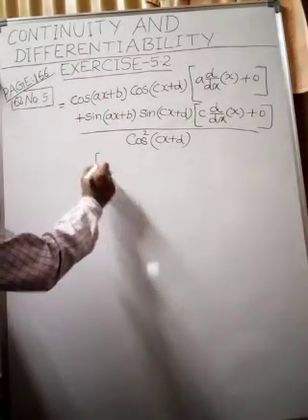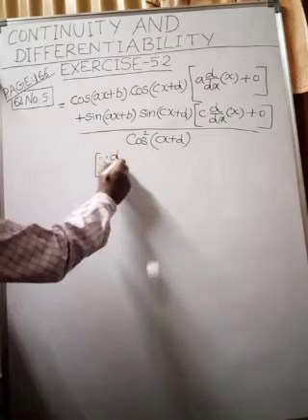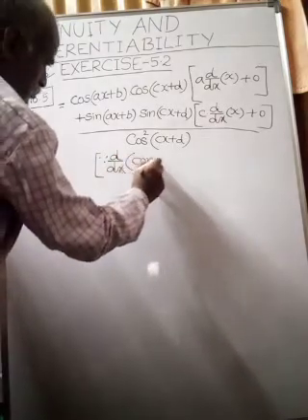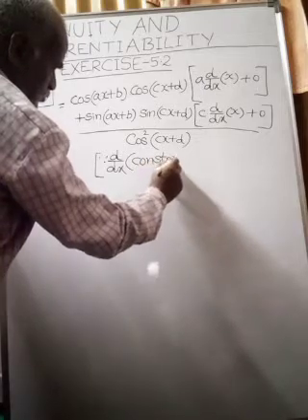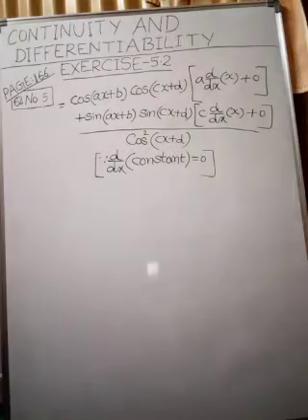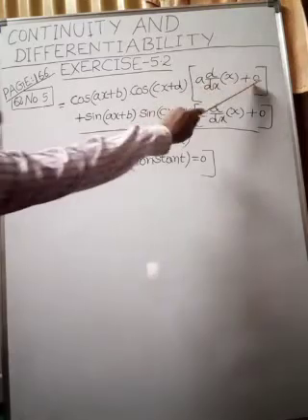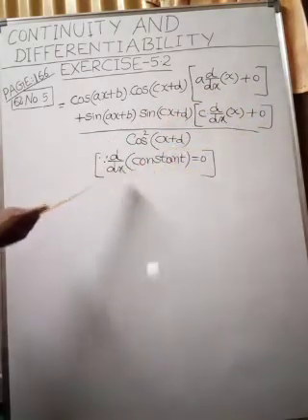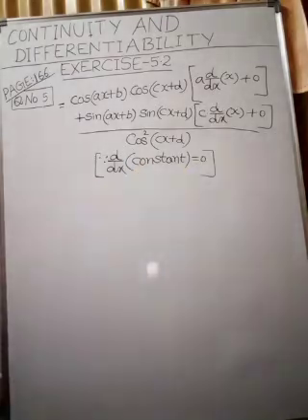Because we use this formula, d by dx of a constant is equal to 0. Here also we used that formula. Here also we used the same formula, d by dx of constant equal to 0. Understood, my dear children?